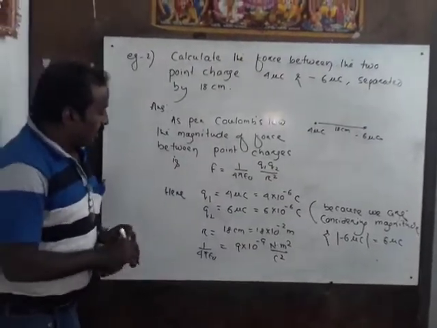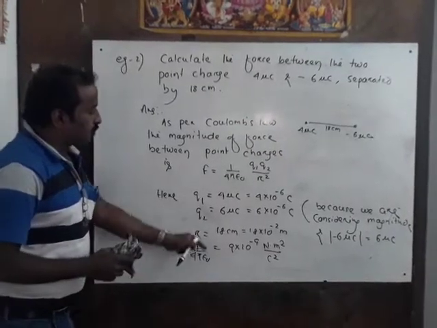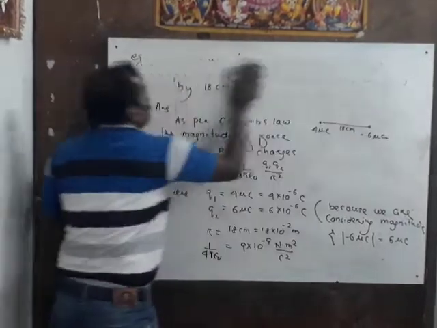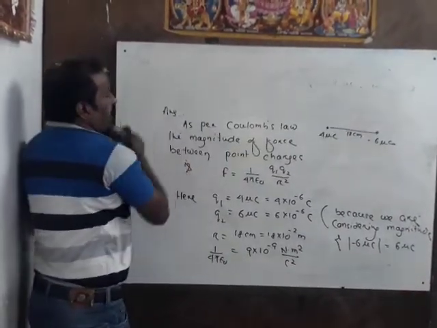Okay? So now let's use these values in the formula F is equal to 1 by 4 pi epsilon 0 Q1 Q2 by R square.